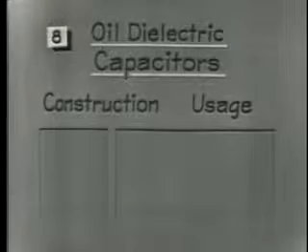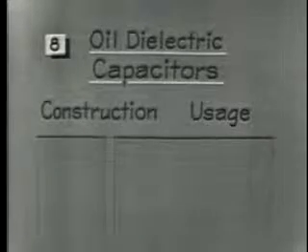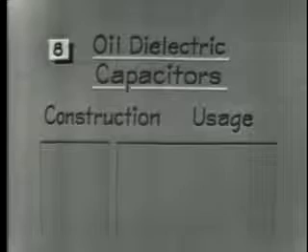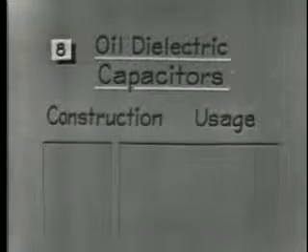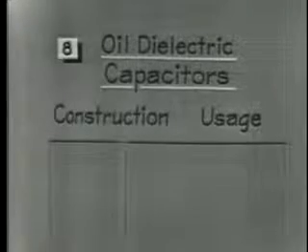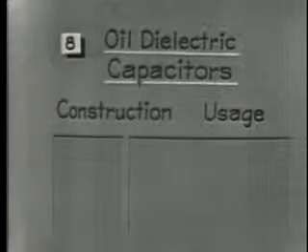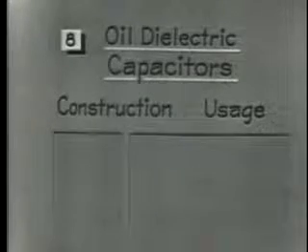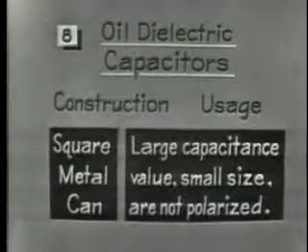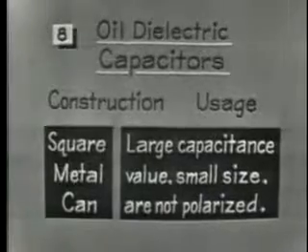Now complete number 8. The correct answers are square metal can for construction and large capacitance value, small size, and not polarized for usage.